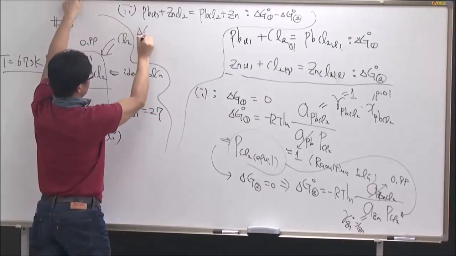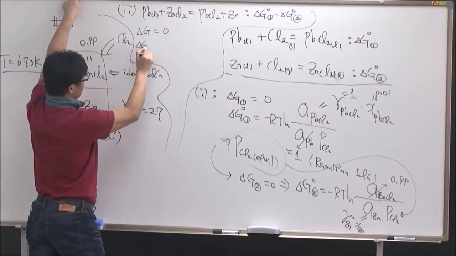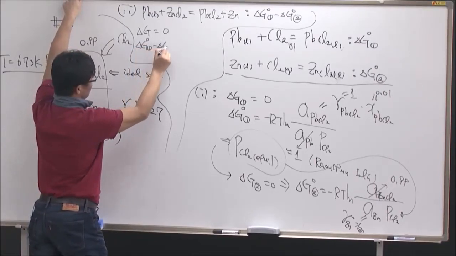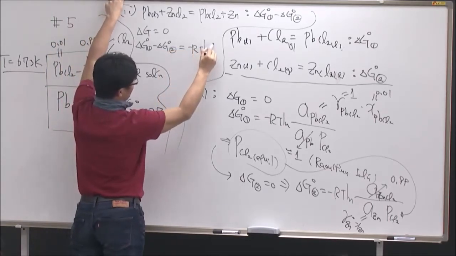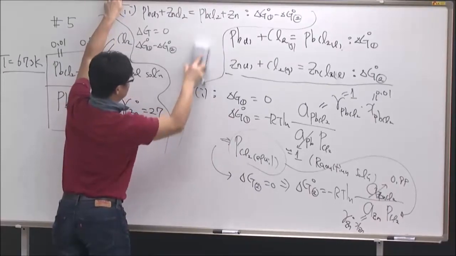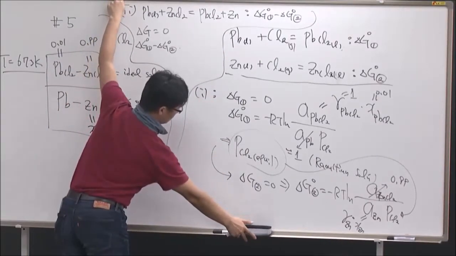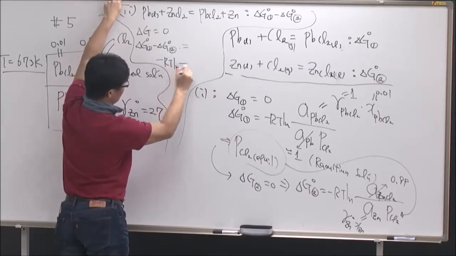Okay, then delta G of this reaction equal to 0 at the equilibrium state. So delta G naught 1 minus delta G naught 2 equal to minus RT ln equilibrium constant. And this one is minus RT ln.